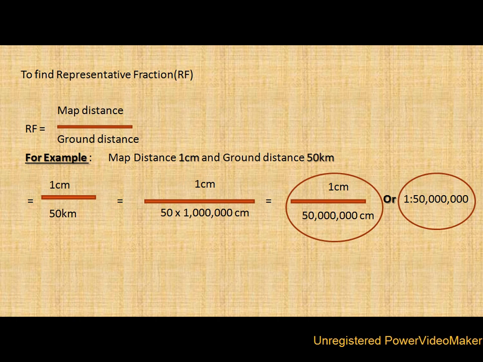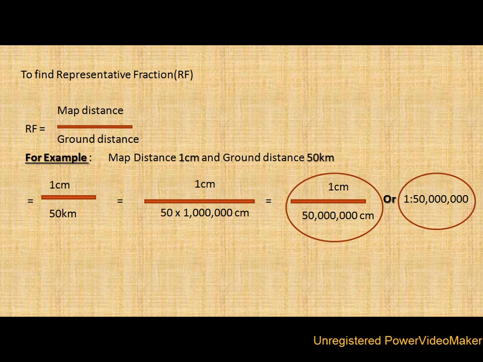We have to show 50 kilometer within this 1 centimeter of the map. So we have to mention this scale in the form of RF, that means representative fraction, using the formula RF is equal to map distance upon ground distance.